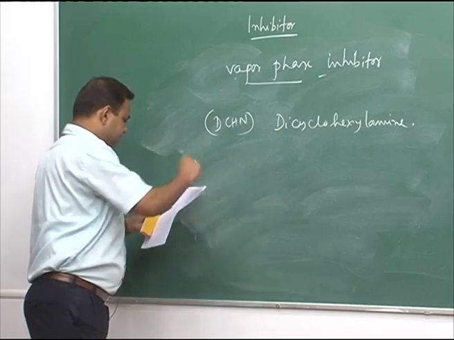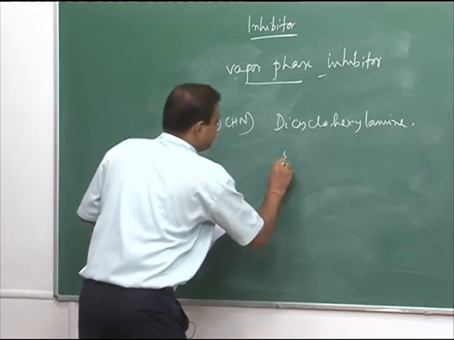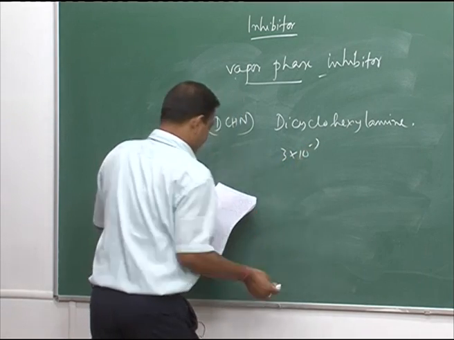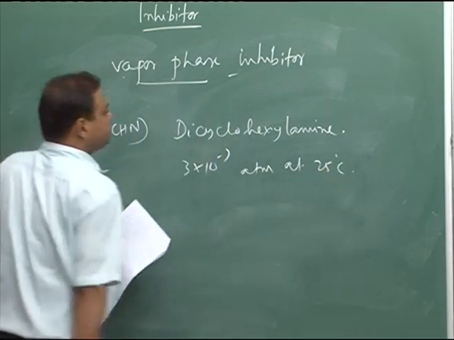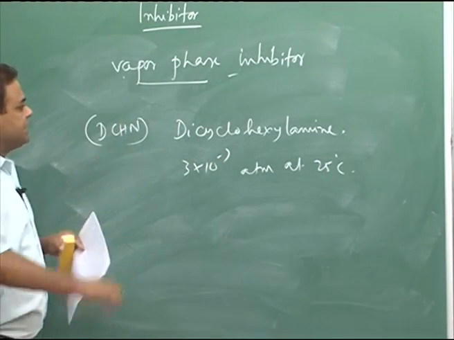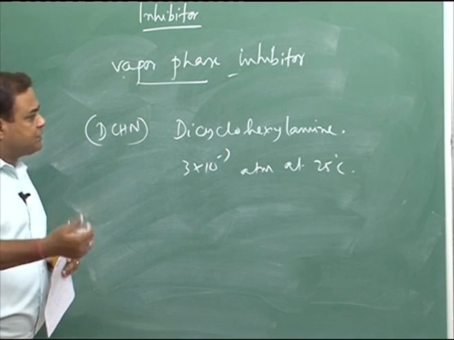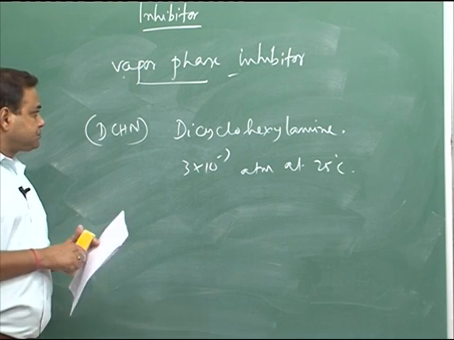For example, for this one the vapor pressure is 3.3 times 10 to the minus 7 atmosphere at 25 degrees Celsius. So they vaporize and form a thin layer on the metal surface and prevent corrosion.